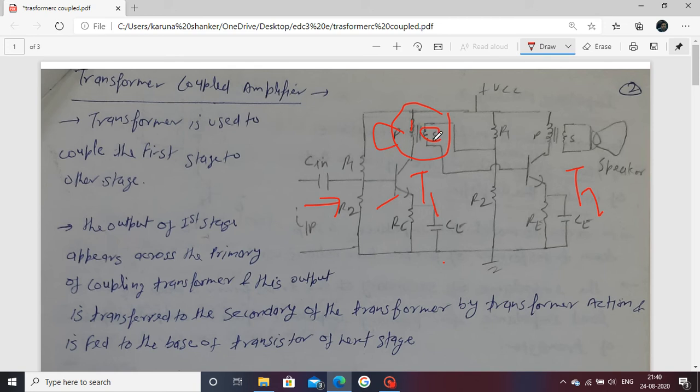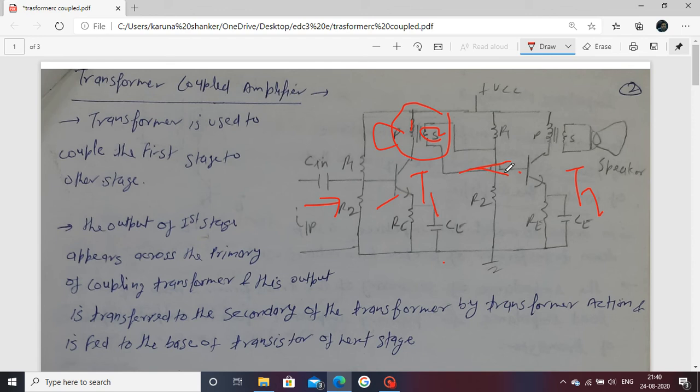Now this is coupled through the transformer and the output comes across the secondary, meaning whatever comes across the primary then comes across the secondary. Now the secondary is connected to the base terminal of the transistor.